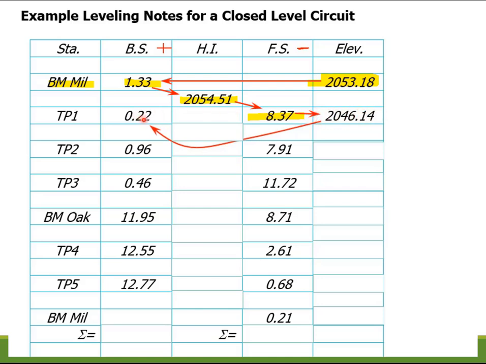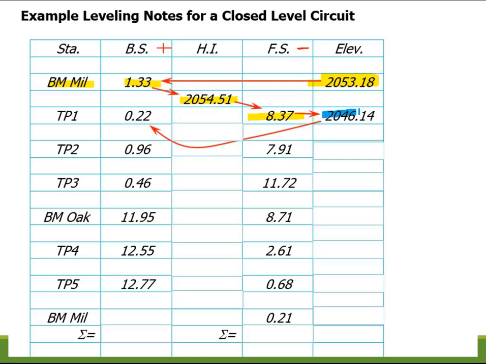Add that backsight to provide you with the next height of instrument, and then the column for foresights going forward from there is always going to be a negative. So each time that the height of instrument is established, we subtract the foresight in order to produce the ground elevation at the next point.